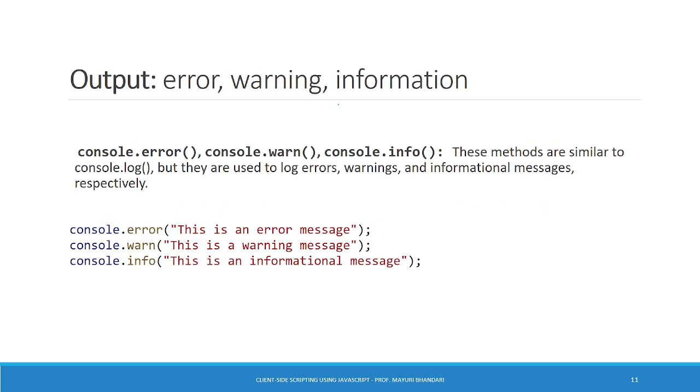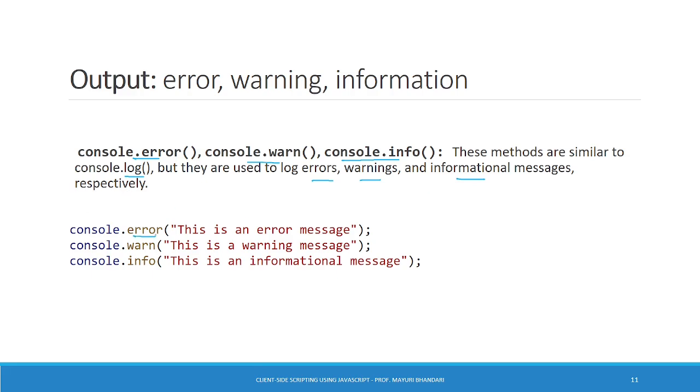And the last way to display output is using error, warning or information. If you want to show some error, warning or information on the console, you can use console.error, console.warn or console.info respectively. These methods are similar to console.log, but they are used to log errors, warnings and information messages on the console.